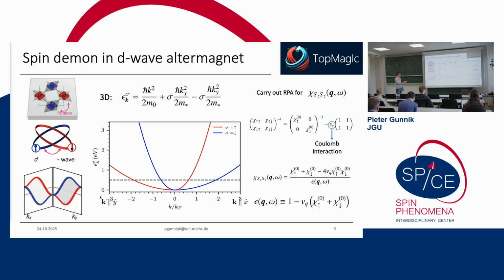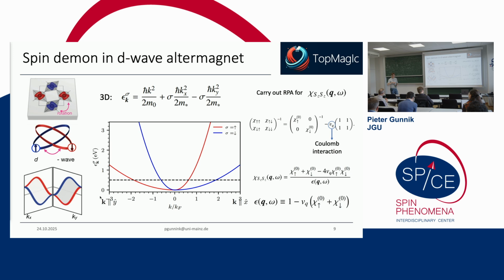There is some follow-up work where someone else did some calculations on some lattice. I think they do DFT, fit to tight binding, do RPA, and they see something. They do see a spin demon, but it depends on the parameter. Because the other question I had is, okay, you can draw an altermagnet with a Fermi surface, but you're not guaranteed that that Fermi surface is in the right place to guarantee the stability of the altermagnet in the first place.